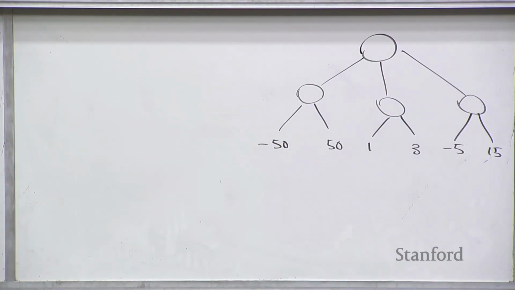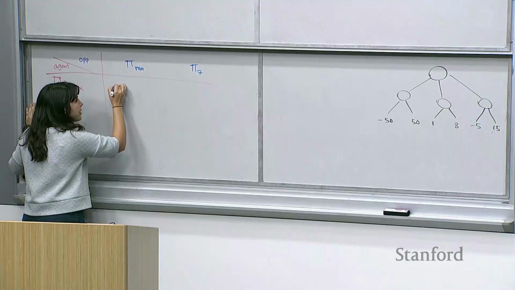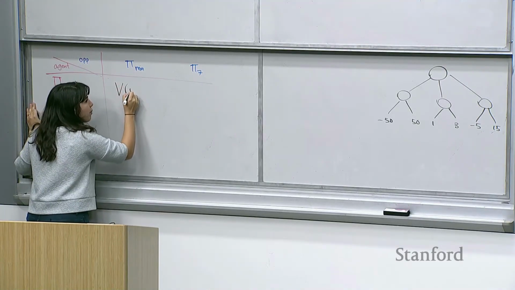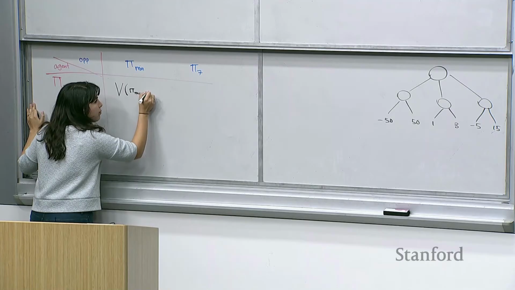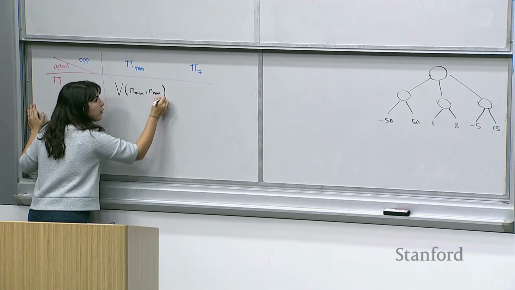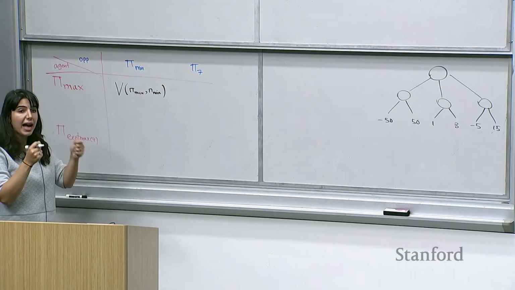I'm going to talk about a bunch of properties of V of pi max and pi min, which is what we have been referring to as the minimax value.